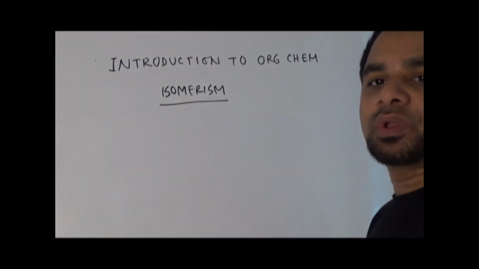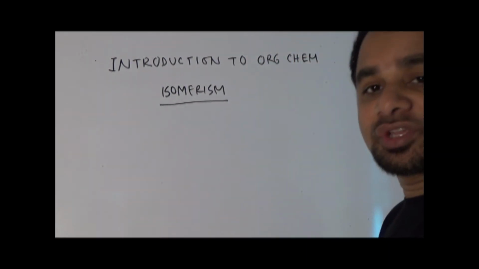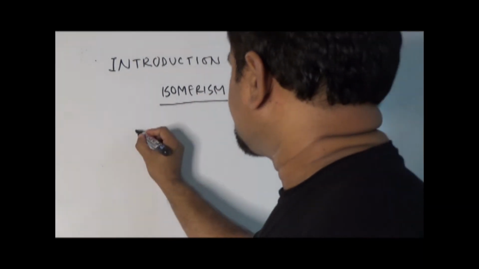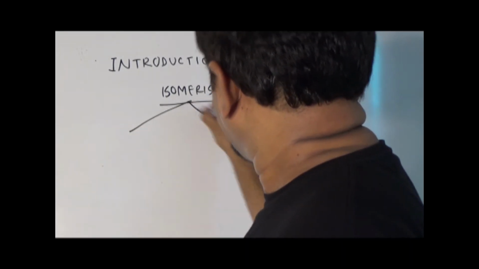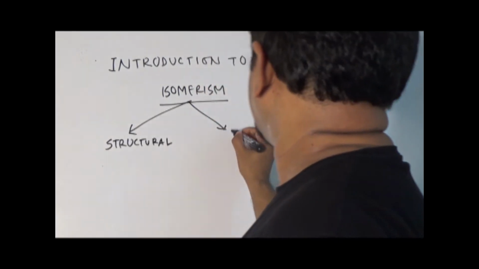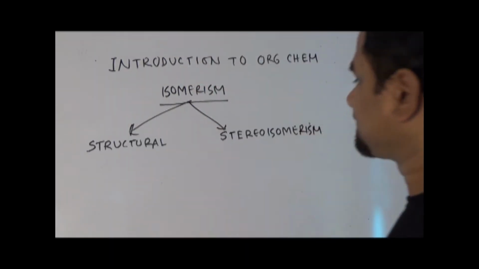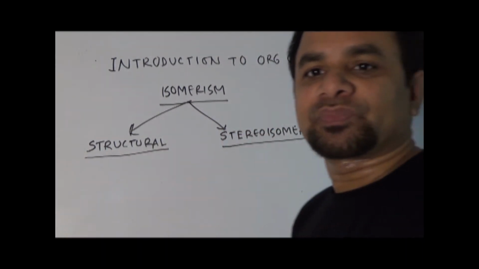Isomerism. Isomerisms are two types: structural and stereo. Structural isomerism and stereo isomerism.